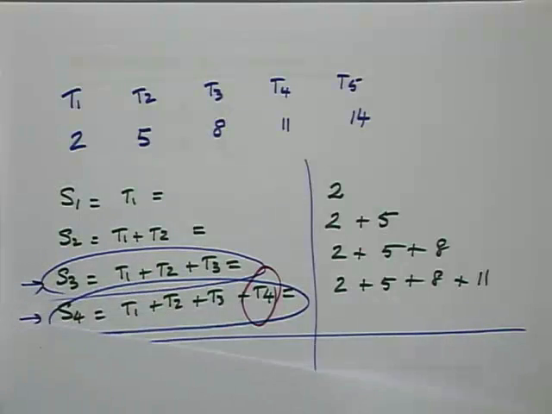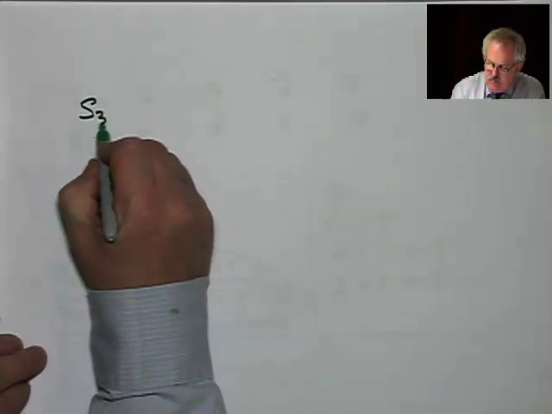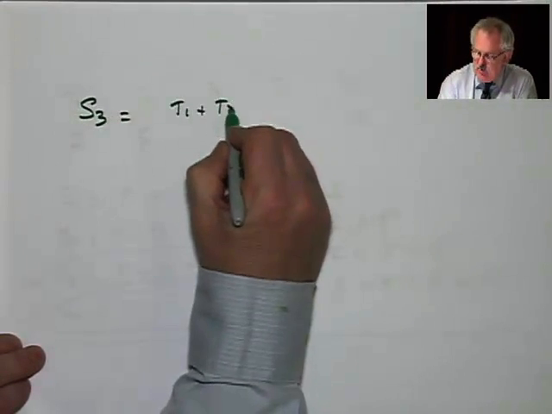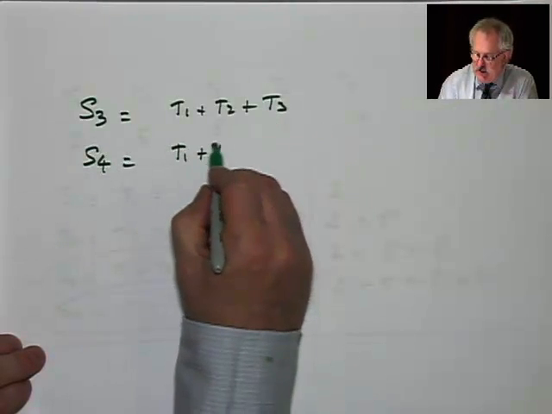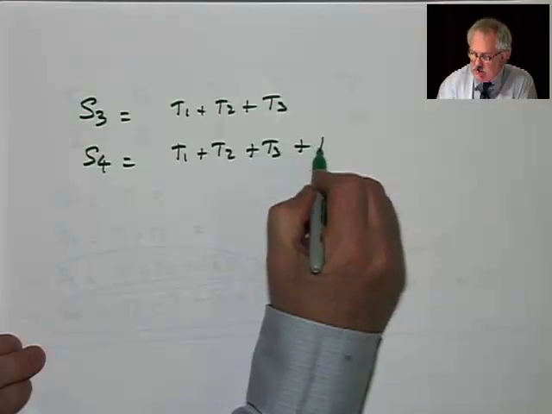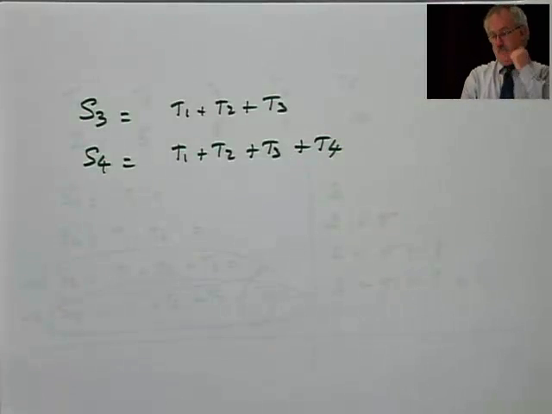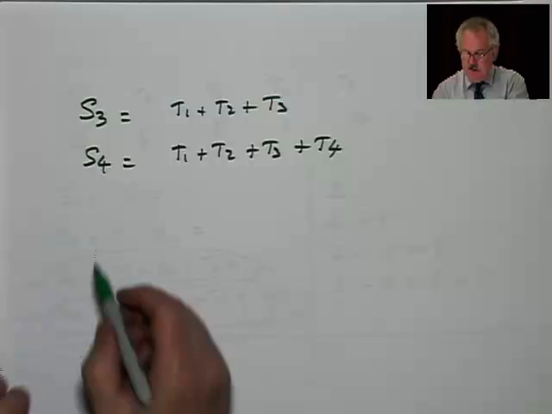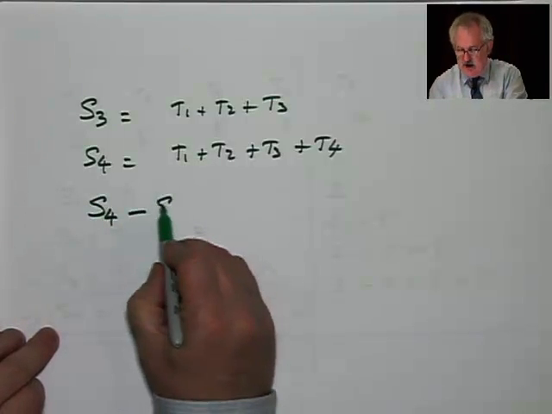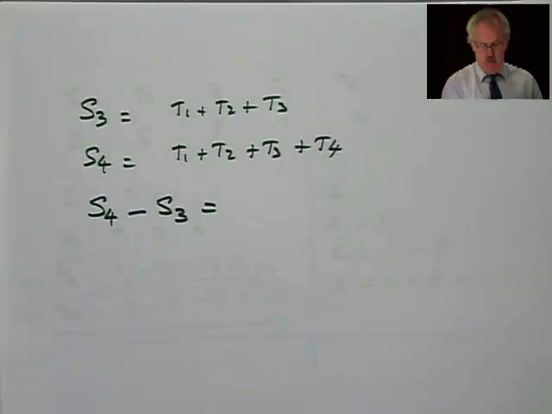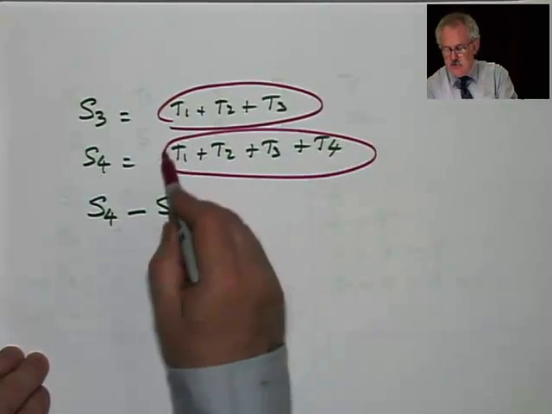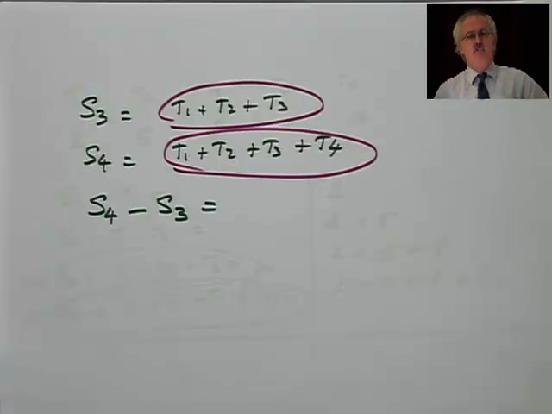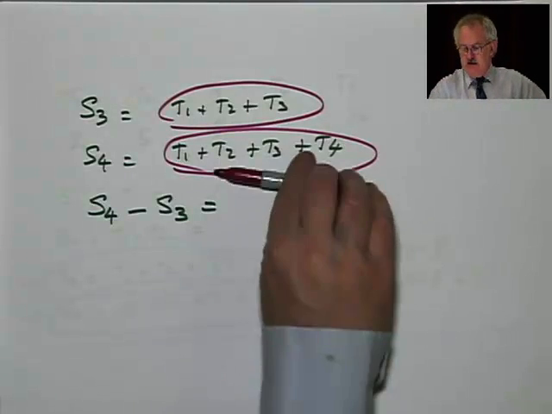So what you can say is that S3 is equal to T1 plus T2 plus T3, and S4 is equal to T1 plus T2 plus T3 plus T4. What is S4 minus S3? If I were to take this from this, what would I get? This minus this?